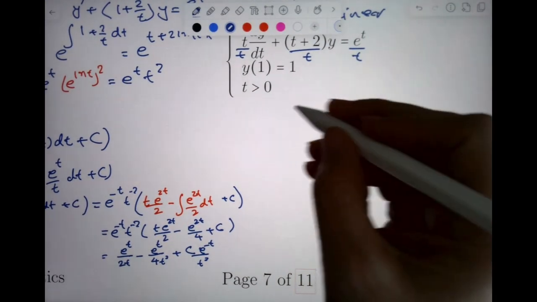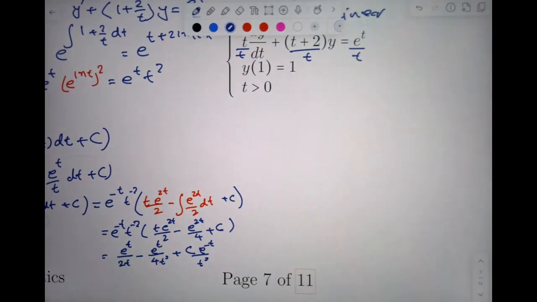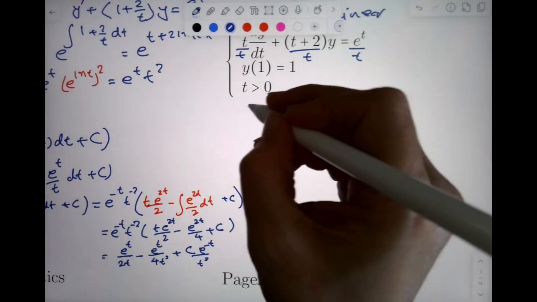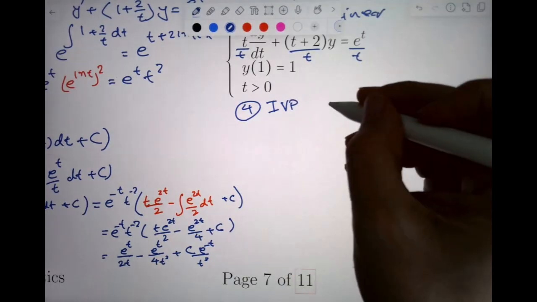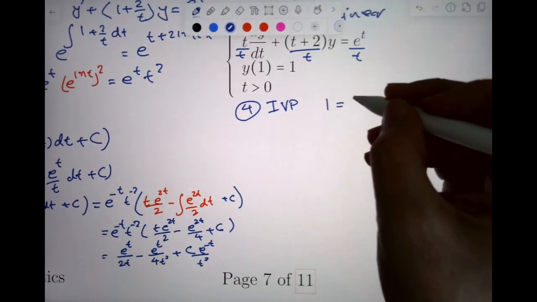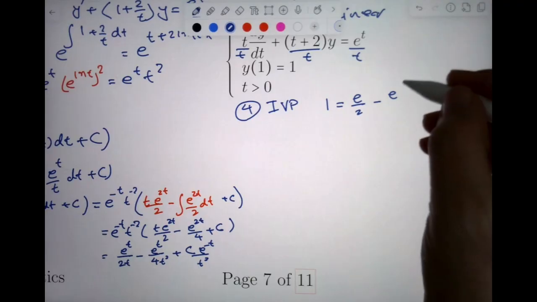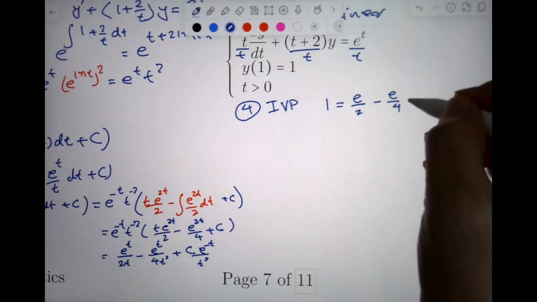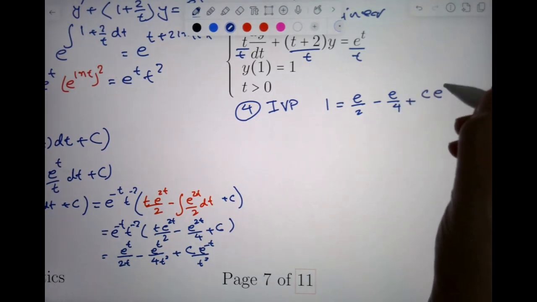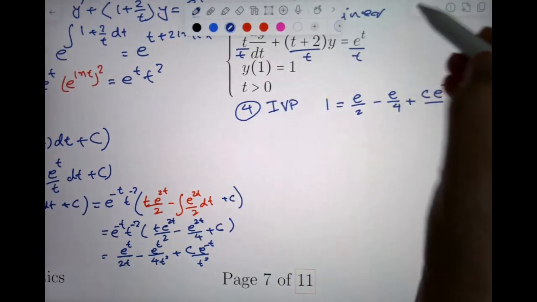So when I'm plugging in the initial value, it's going to be 1 and 1. So that is 1. So this is step 4, IVP, and I'm trying to compute C. So 1 is equal to e over 2 minus e divided by 4 plus C e to the power negative 1 over 1, so I can ignore the over.